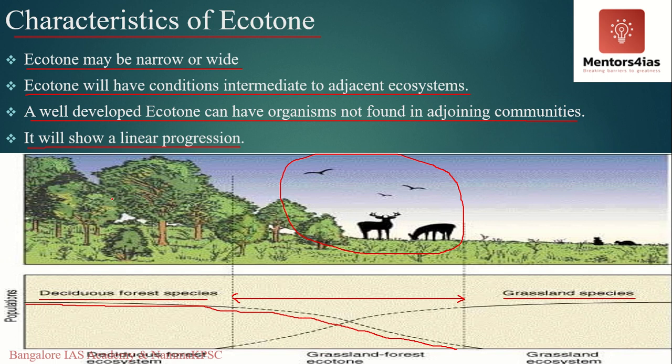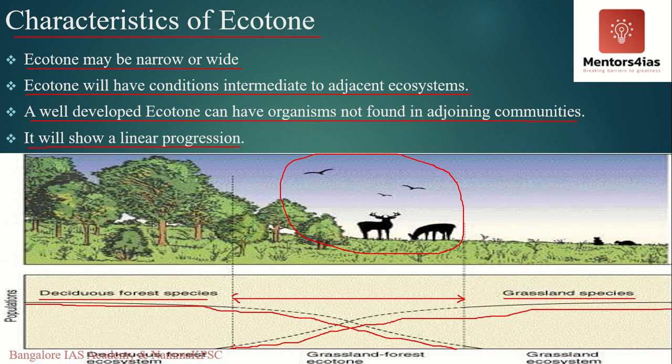At the same time, the number of some other species will also increase, and therefore we say that an ecotone will show a linear progression, because the number of certain species can increase, whereas some other species decrease within that ecotone, and this is nothing but a linear progression within the ecotone.